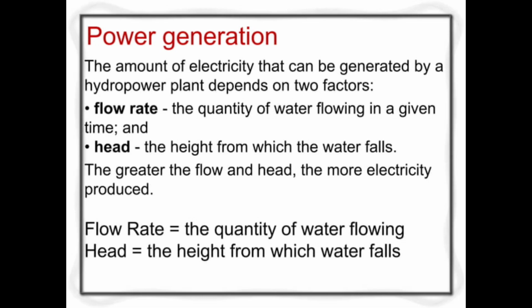Next we are going to see about power generation. The amount of electricity that can be generated by a hydro power plant depends on two factors. One is flow rate, the quantity of water flowing in a given time.